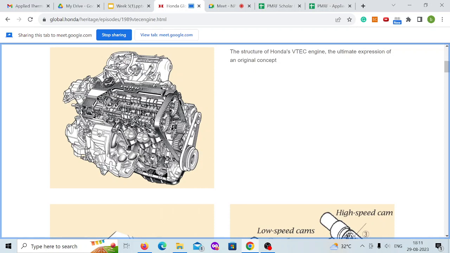The flywheel is required because in a 4-stroke engine, the power stroke happens only once in 2 revolutions, so in the other strokes you don't have power. Excess power is generated and kept in the flywheel. So it provides a smooth operation and provides energy for returning the piston. That is why the flywheel is used.